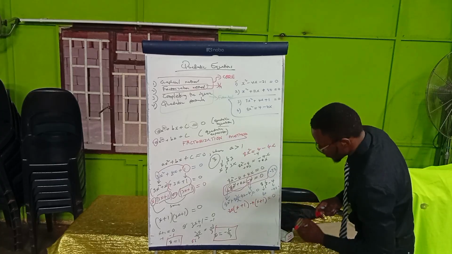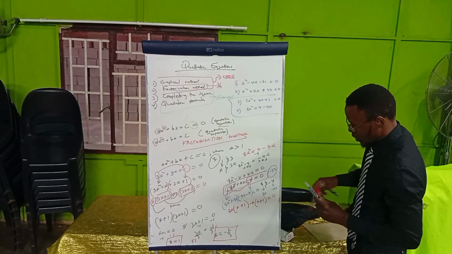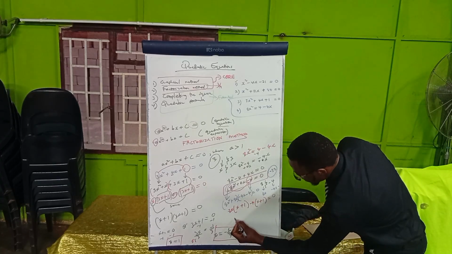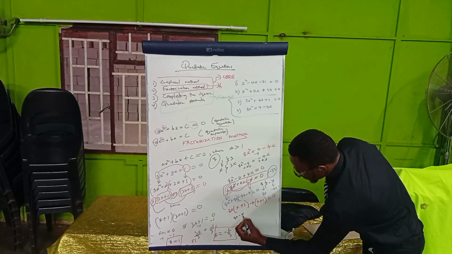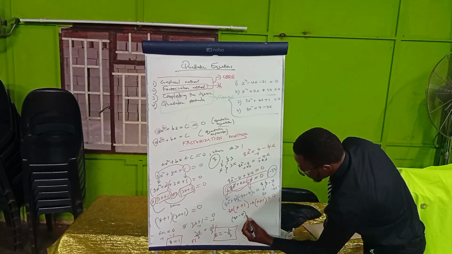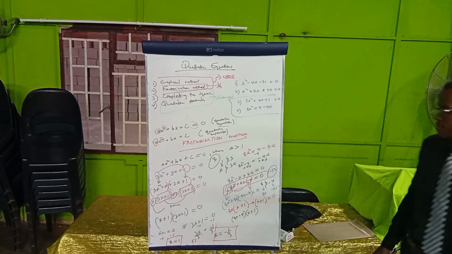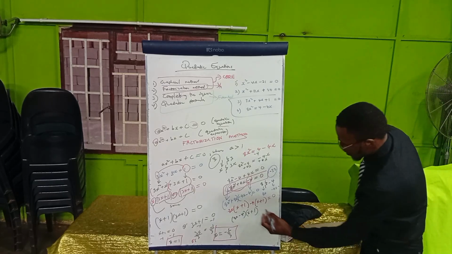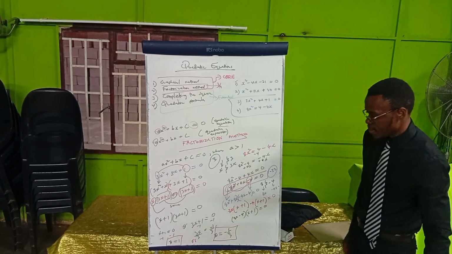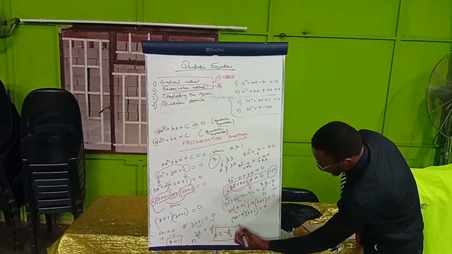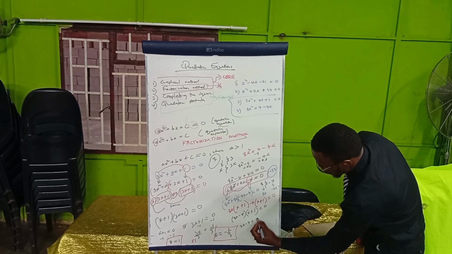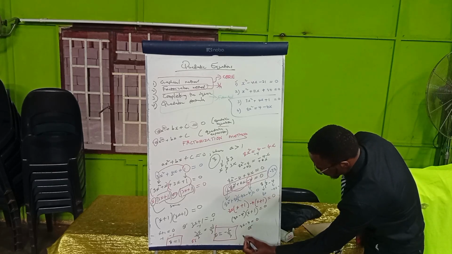So our factorization will be 8x minus 4 and x plus 1, and then of course equate this to 0. Then we separate it into single brackets so that we can solve separately.